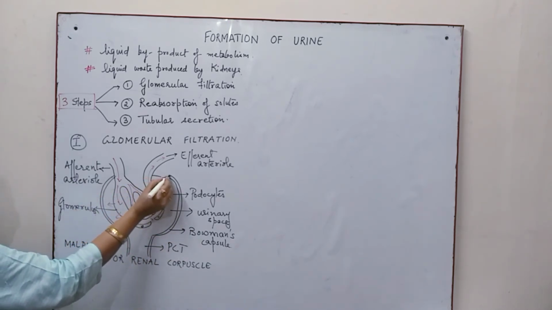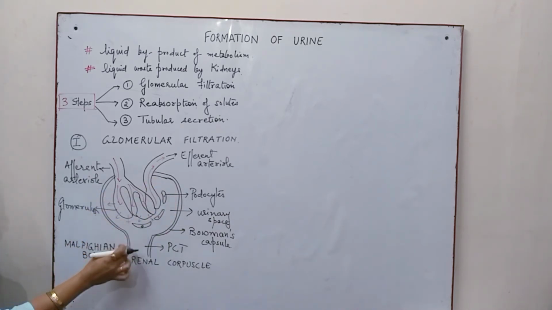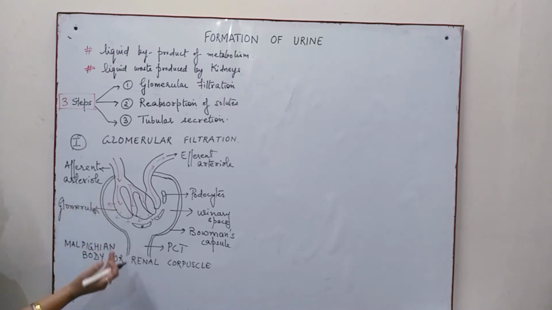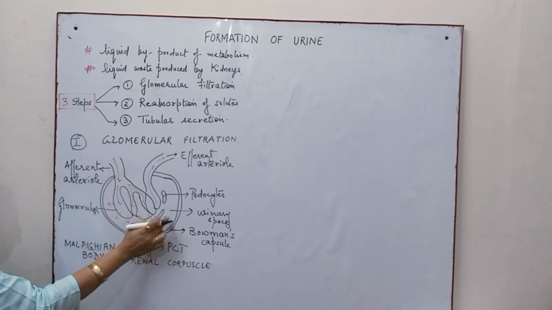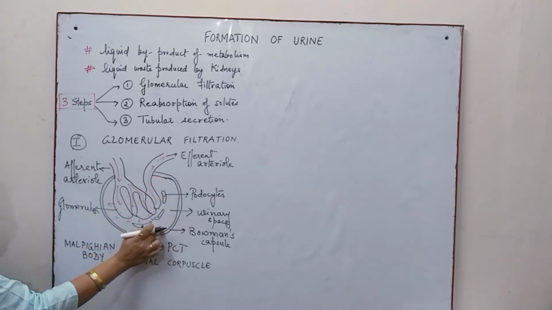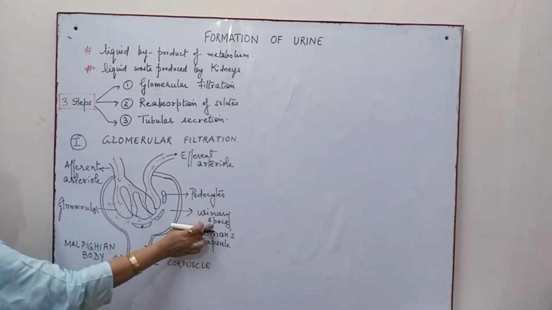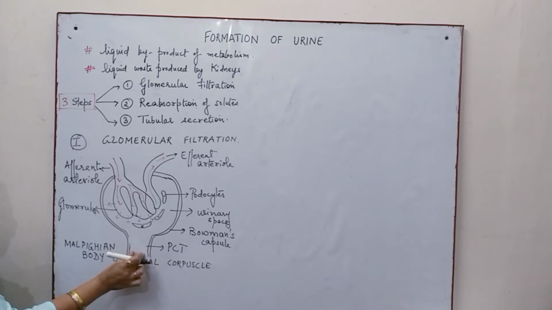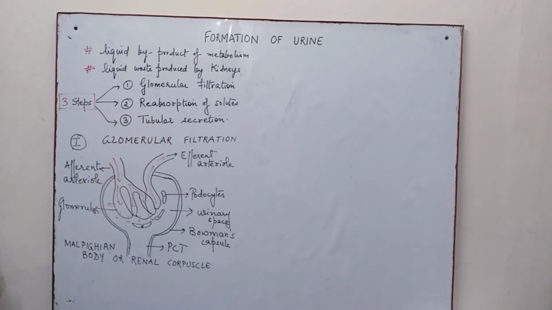Due to the pressure exerted, which we'll be discussing, the protein-free fluid reaches the lumen of the Bowman's capsule, or we call it the urinary space. From here, after the filtration, it passes to the PCT, and further steps take place in the tubular system.